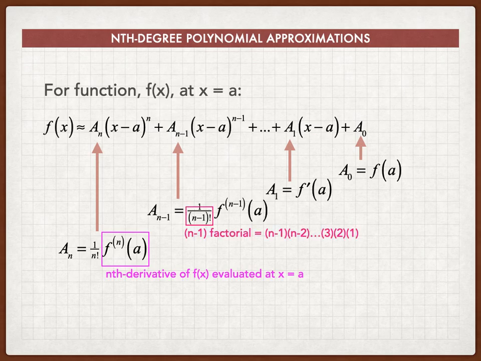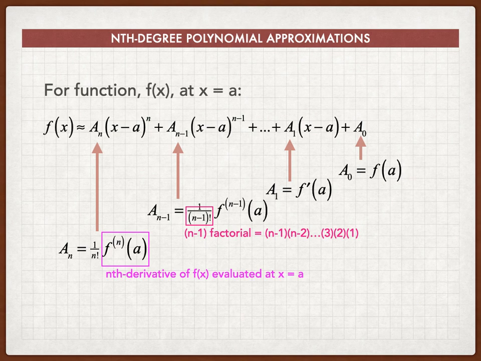A sub 2, the coefficient of the square term, is 1 over 2 factorial times the second derivative at a. A sub 5, the coefficient of the fifth power term, is 1 over 5 factorial times the fifth derivative at a. A sub 0, the constant term, is f of a.